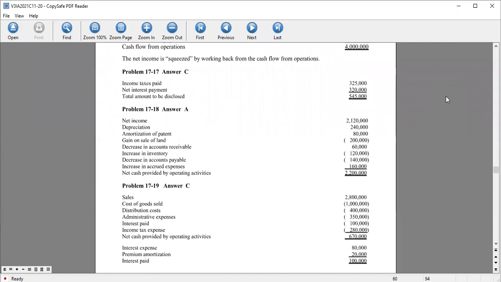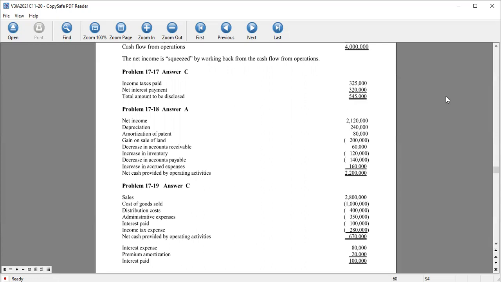Take note, we have the net interest payments in the amount of 220,000. Please make the correction. 325,000 add 220,000, so it's correct to be 545,000. The total amount to be disclosed is letter C. Now we go to number 18.